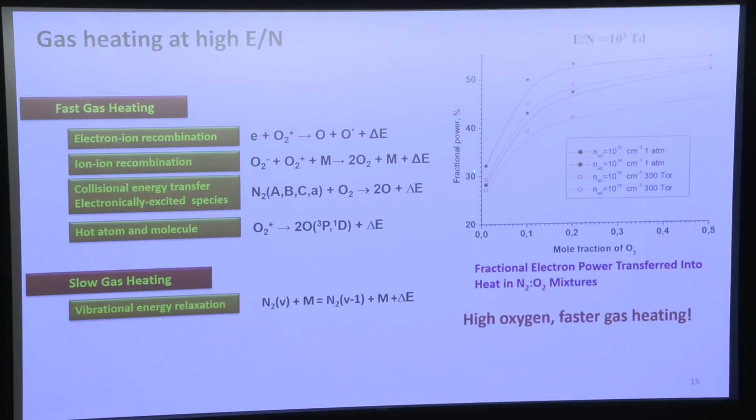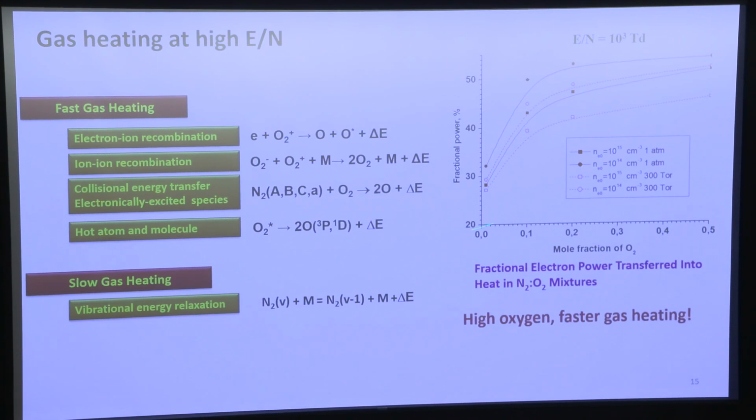If you look at the fraction of the energy transfer as a function of oxygen fraction at different electron number densities, you can see that if you increase oxygen, the fraction of fast heating increases. This indicates that oxygen reactions play a big role in fast heating.